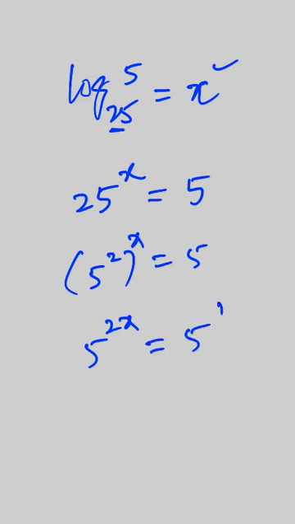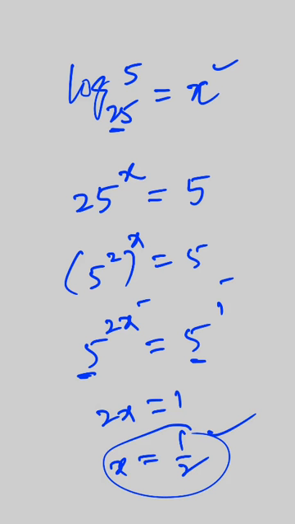According to exponential laws, if bases are equal, powers are also equal. So 2x equals 1, then x equals 1 by 2. So what is the x value? This x value equals 1 by 2. That means this logarithmic value is 1 by 2. So in this way we can solve.